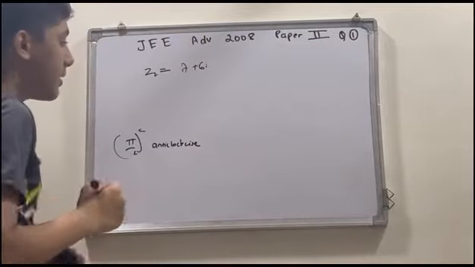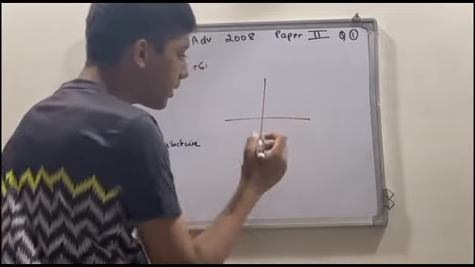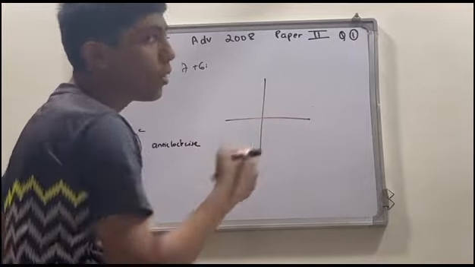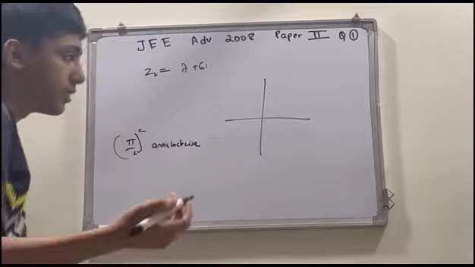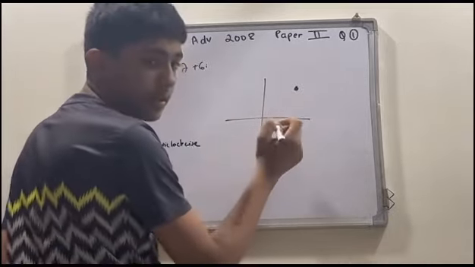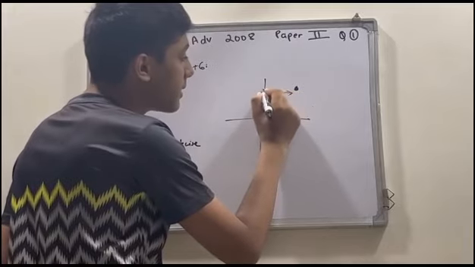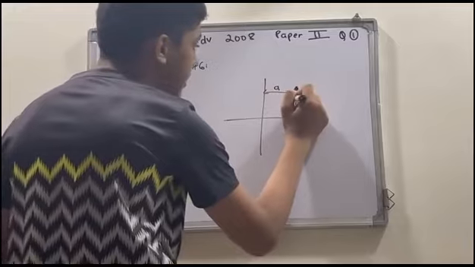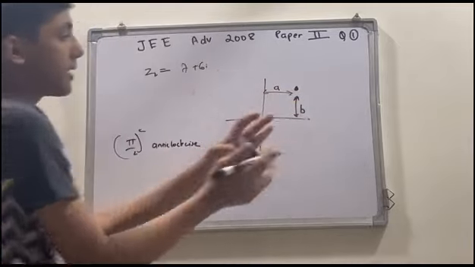So in this axis, whenever I'm rotating anything, let's say this is my point, 7 plus 6i. Let's just assume this is the distance A, which is from the y-axis, and this is the distance B, which is from the x-axis.